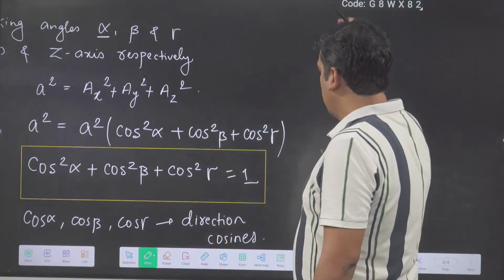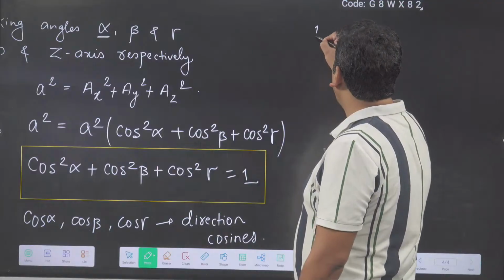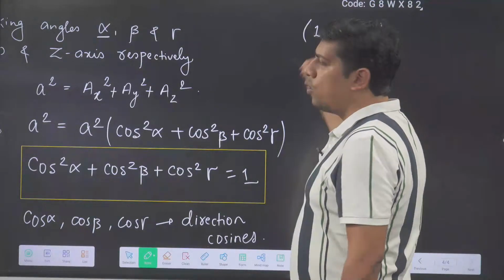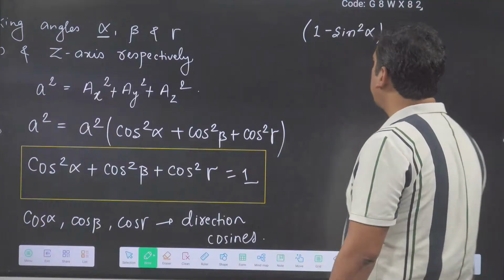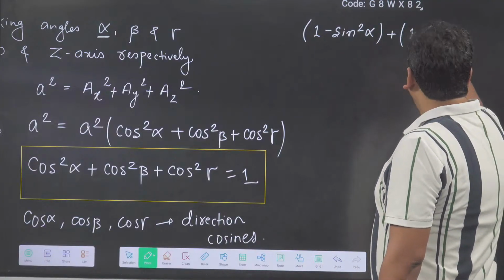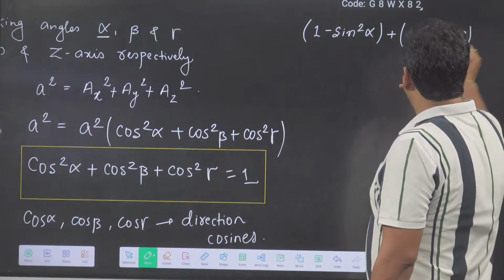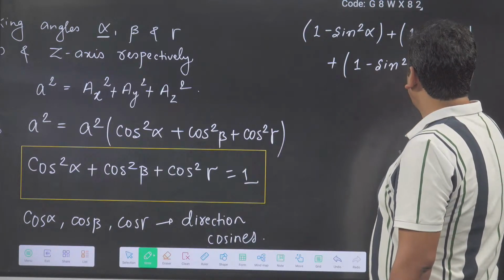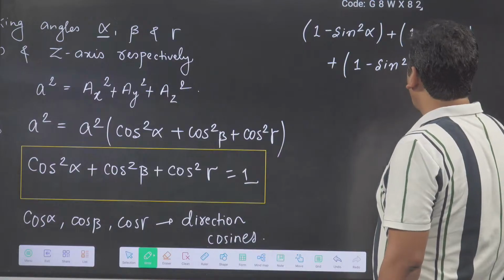Okay. If I write cos square alpha as 1 minus sin square alpha, you know cos square theta is 1 minus sin square theta, plus 1 minus sin square beta plus 1 minus sin square gamma is equal to 1.